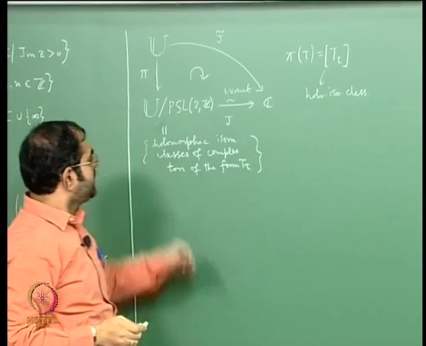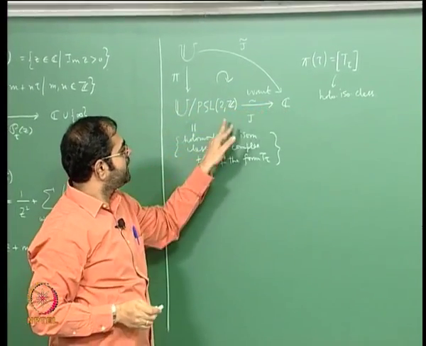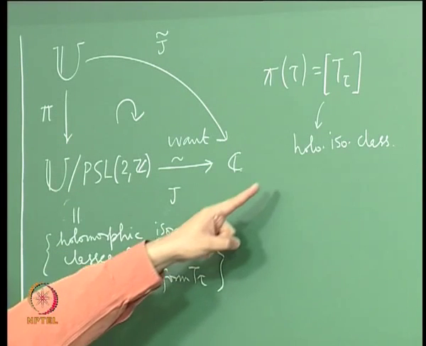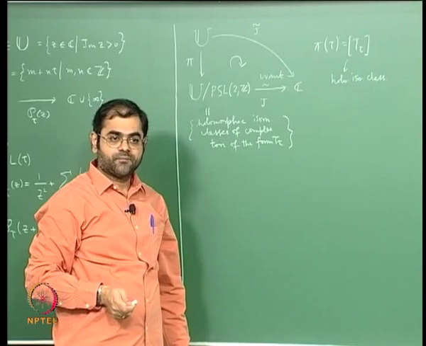If you want to get a function here, you have to find a function which is constant on holomorphic isomorphism classes of tori.